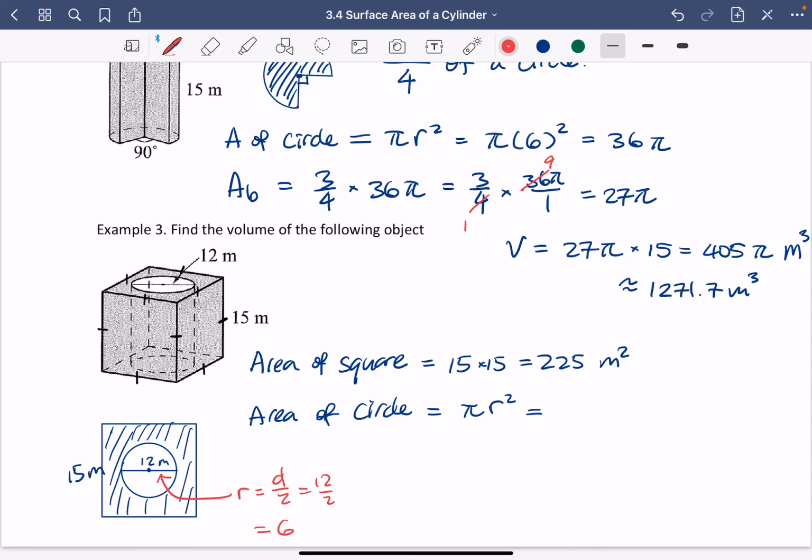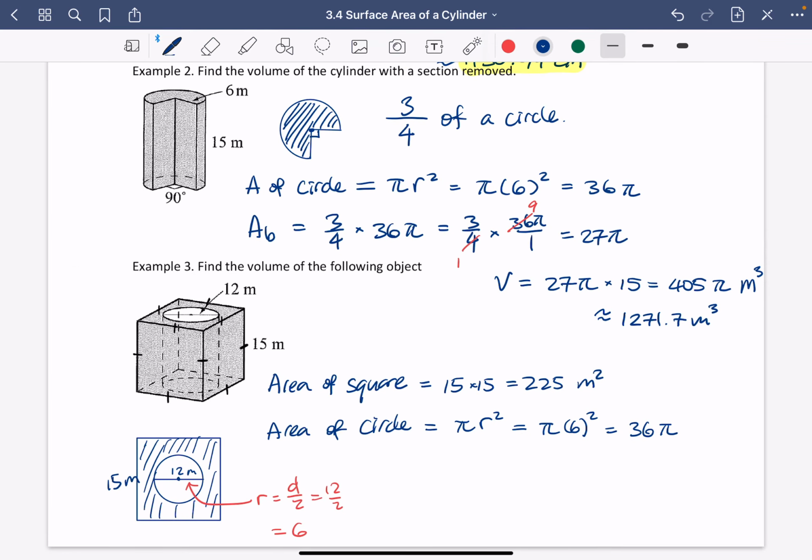So radius is 6 meters for this question. So that's pi times 6 squared, so 36 times pi, 36 pi. And 36 pi is about 113.04.